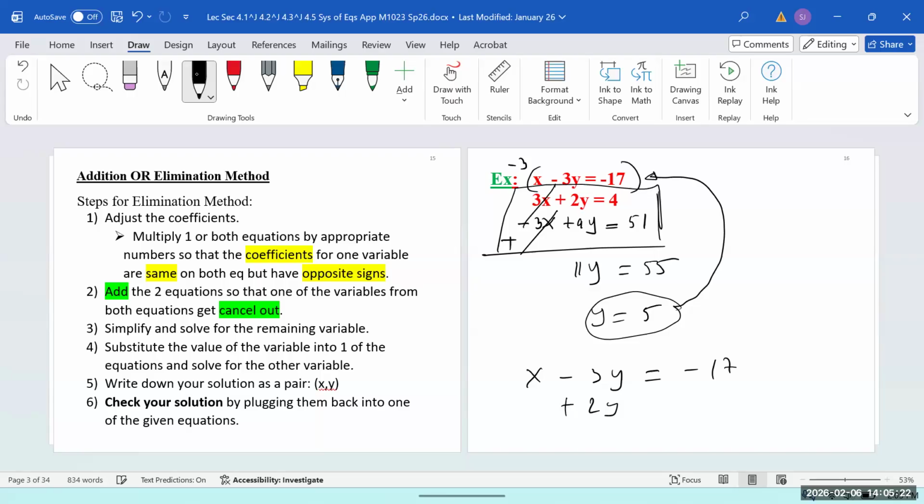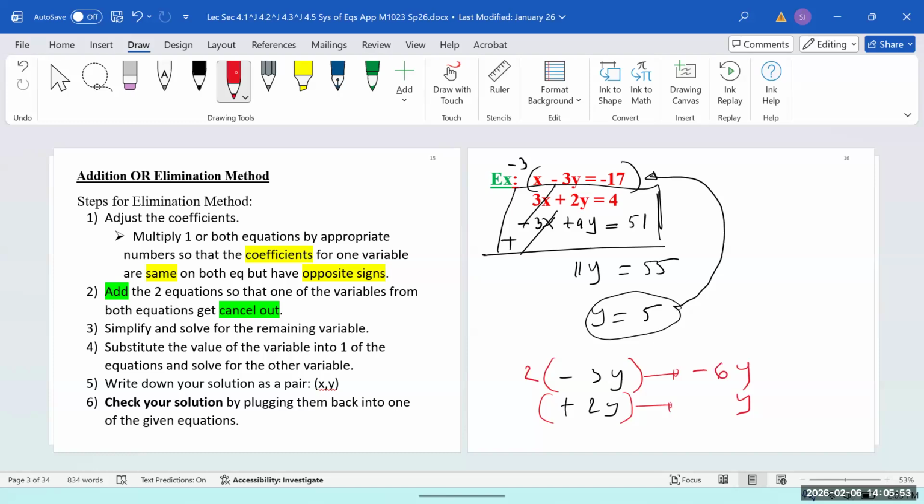So if you decide to eliminate y, let me erase everything else just for convenience. If you decide to eliminate y, you have to have the same coefficient with different sign. So what can you multiply by and what can you multiply by so that you're going to have the same coefficient? What can you multiply the -3 by? 2. So we got 2 times -3, which is -6y.